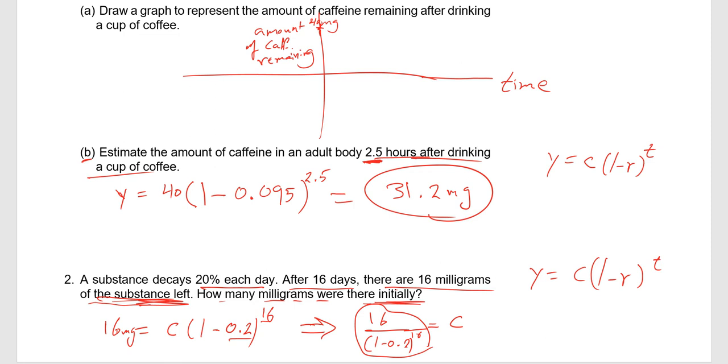Raise it to the 16th power, and that's your denominator, then do 16 divided by whatever you get in the denominator, which in the end gives us C equals 568 milligrams of the substance. And again, we can just round to the nearest whole number.